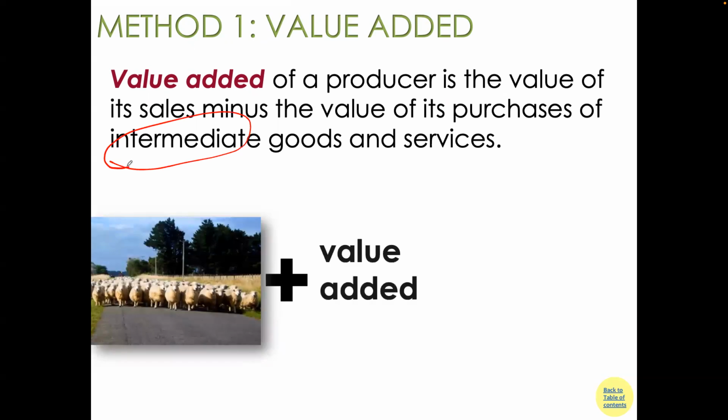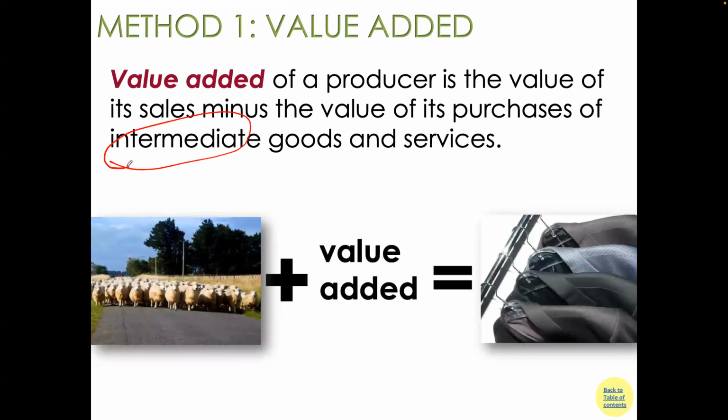This is an example. In this picture, the one on the far right is a final good because it is consumed by the final consumer. But in order to make this final good, you need to use some intermediate goods, like the far left, right? You need raw material.